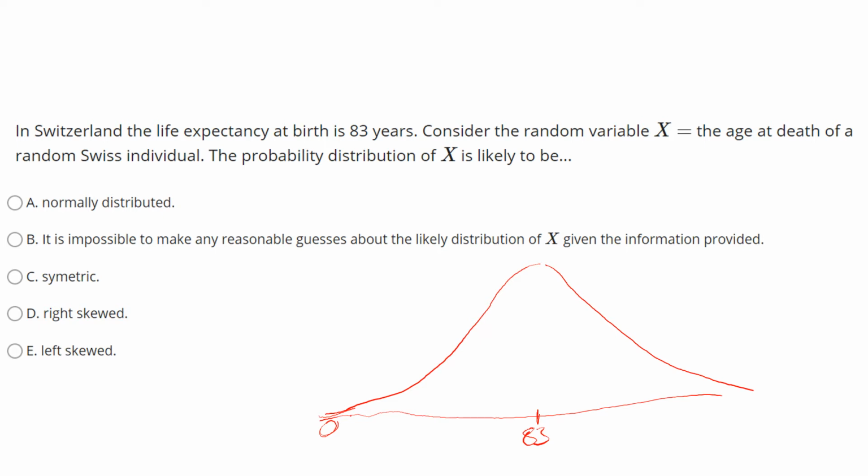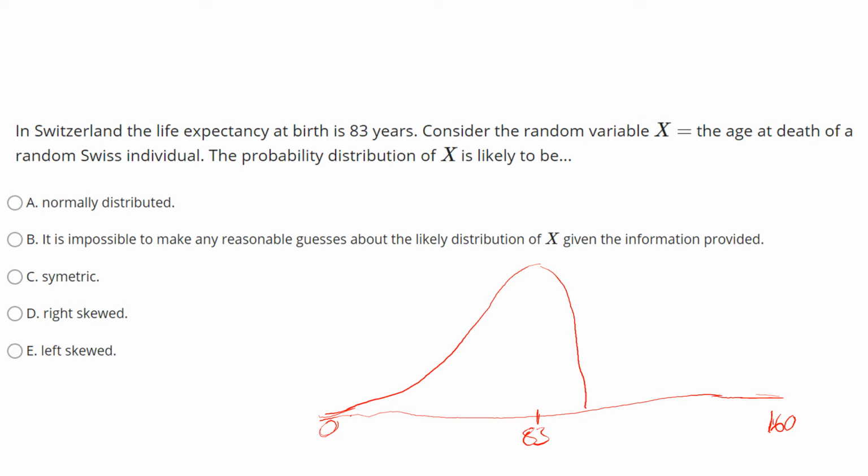But is it the case that you might observe people who are 160 years old? Highly unlikely. So this is probably not going to be a symmetric distribution. In fact, it's probably going to be highly skewed, and in fact, highly skewed to the left.